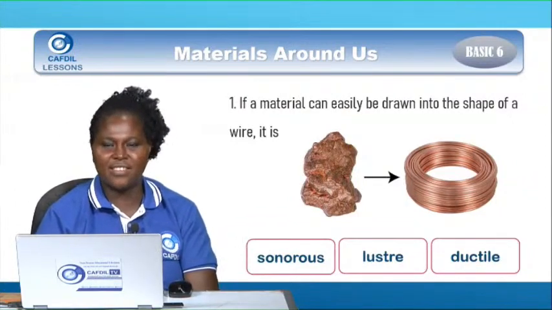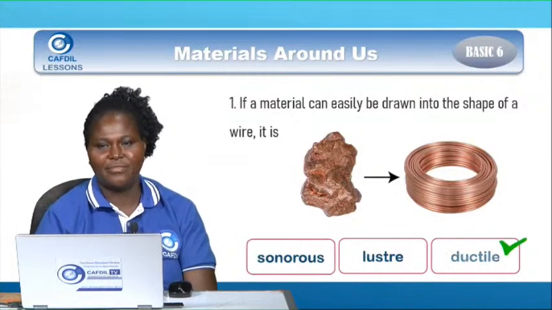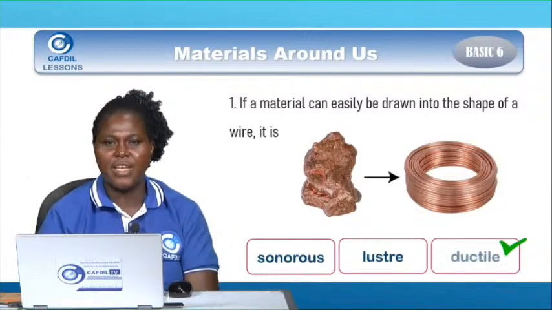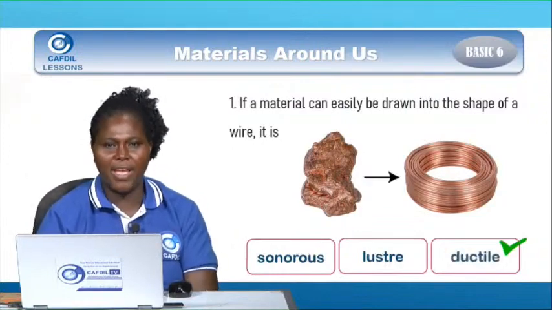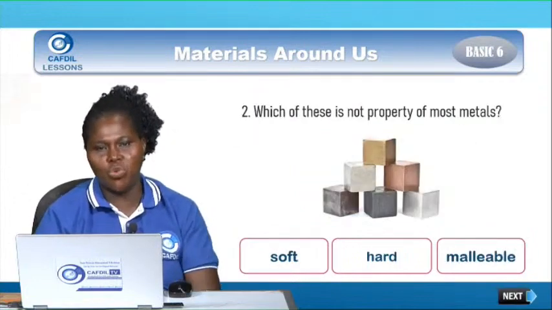Which of the answers is correct? It is ductile. If a metal can easily be drawn into the shape of a wire, that metal is ductile.